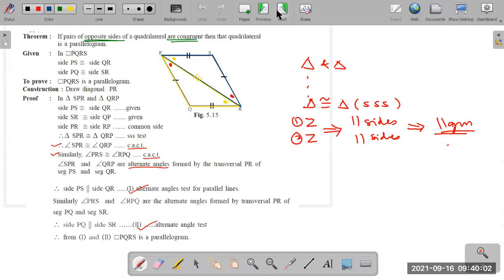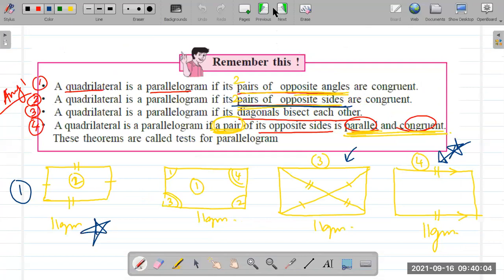And then we saw 4 properties on how to prove that a given quadrilateral is a parallelogram. The first property was, if the opposite angles are congruent, then it's a parallelogram. If the opposite sides are congruent, then it is a parallelogram.